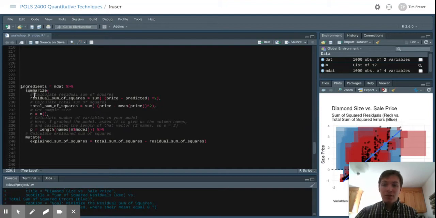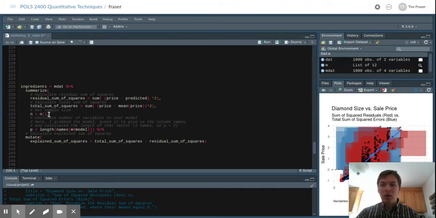We're going to calculate the residual sum of squares, or the sum of squared residuals. I shouldn't have changed the name for that. They're the same thing, right? Price minus predicted, squared, sum of all of it. It's still residuals. So we get the residual sum of squares, and we get the total sum of squares just like we did up above.